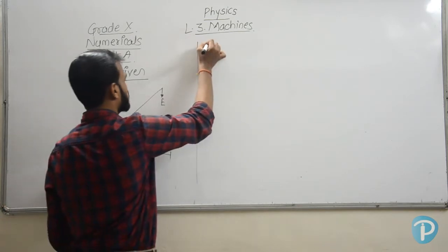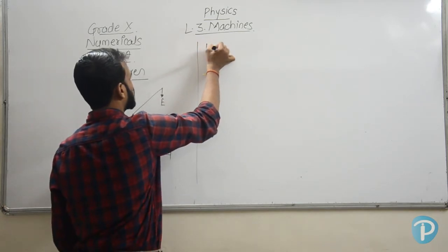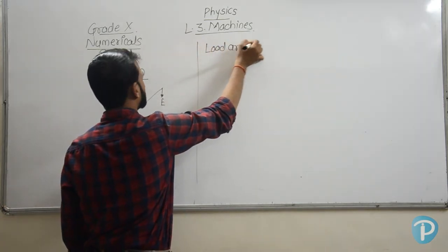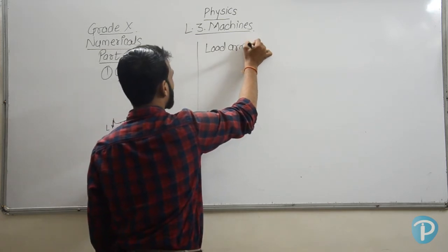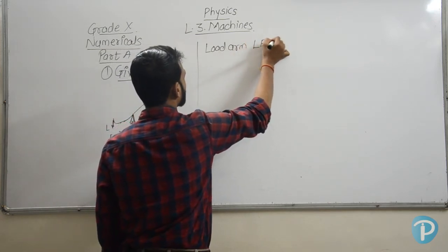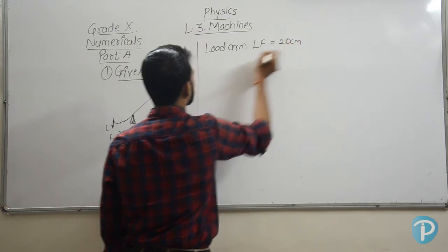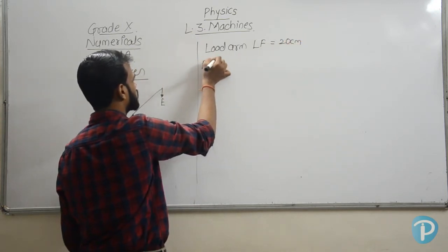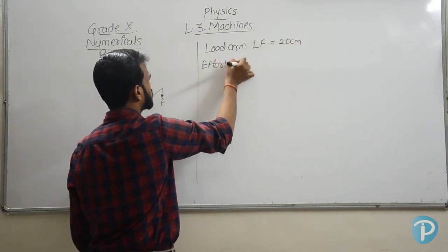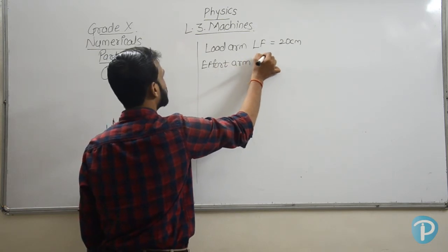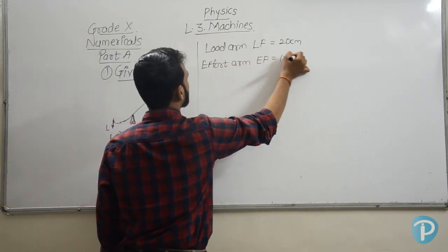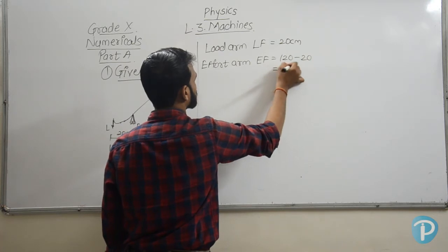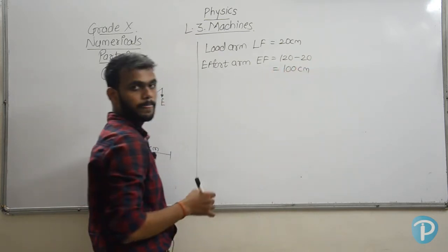So load arm, L to F distance, is 20 cm, and here effort arm, that is E to F distance, will be 120 minus 20, that is 100 cm.